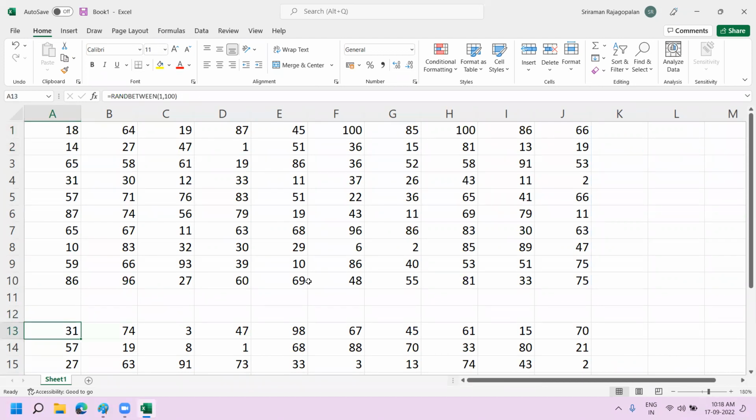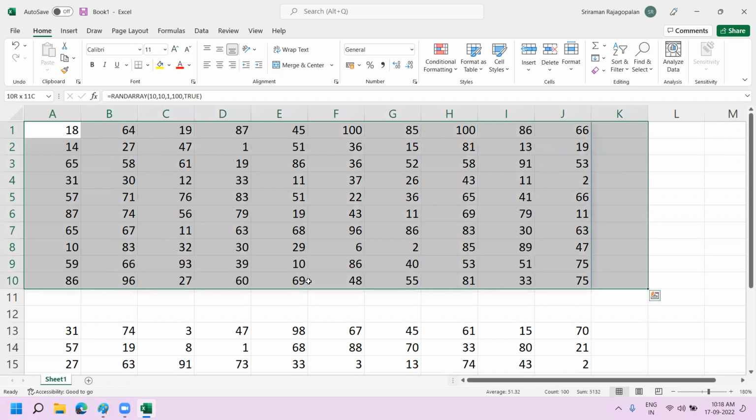Now, are these numbers dynamic or static? Dynamic. Okay, so that could be a problem when I'm doing some calculations. So I want to create static numbers. So how do I convert this? Copy this, Control C for copy.